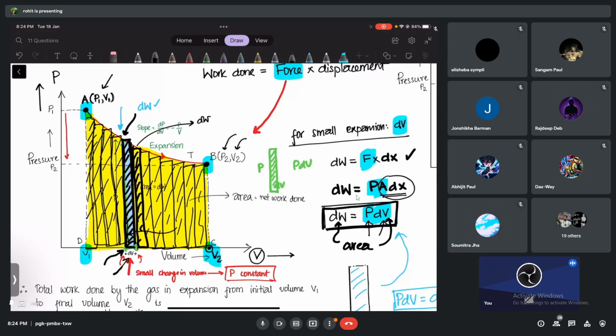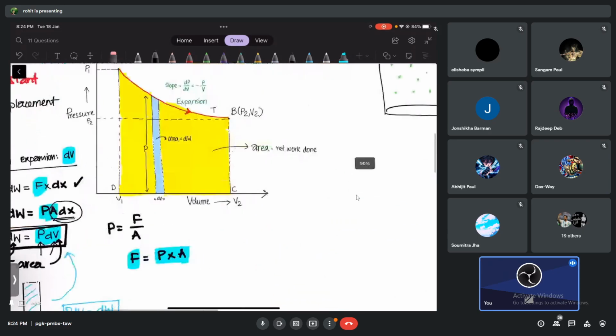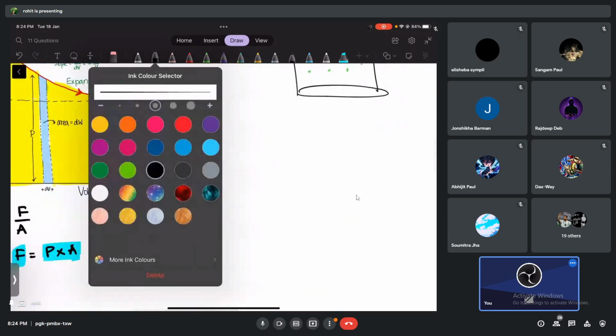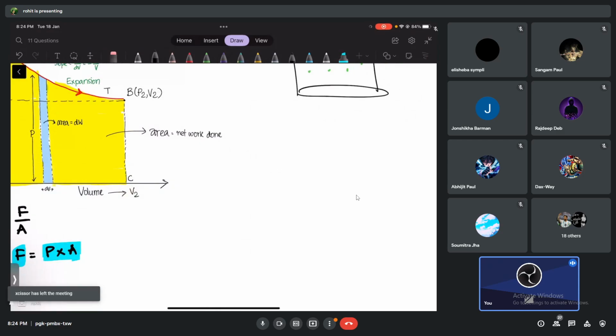Total work done. That is what we are looking for. So I'm going to show you very quickly. I hope you understood this part. So I'm going to go back here and write down all the things needed. You are clear with what this is, right? dW is force into displacement. dW is equal to pressure into area into dx.